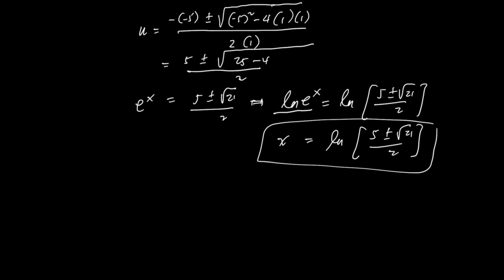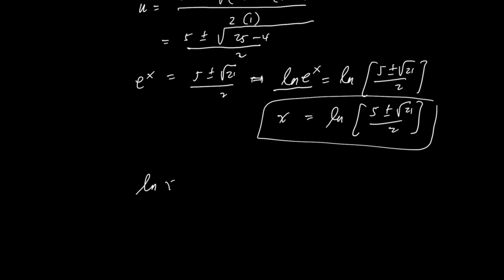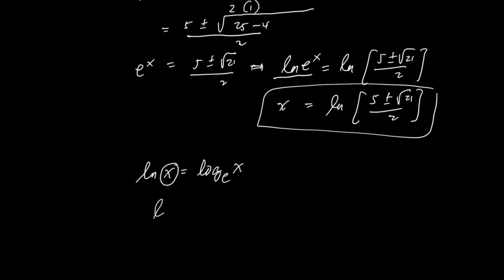Take note, guys, how we came up with this. If you are confused, take note that ln of x is just equal to log base e of x. And then if our x is e to the x, we can have ln e to the x is equal to log base e of e to the x. So we just substituted x here with e to the x.